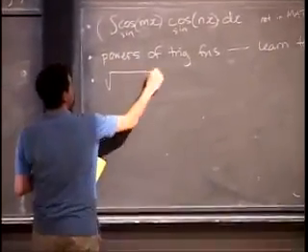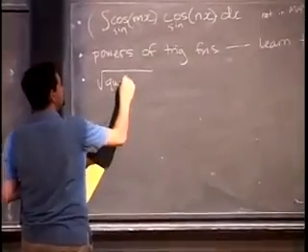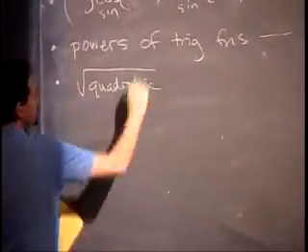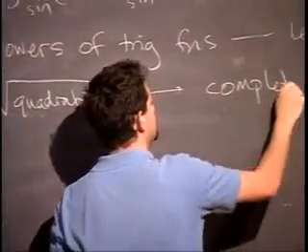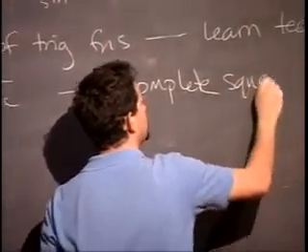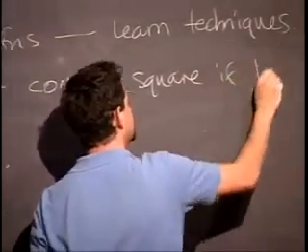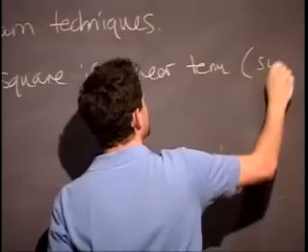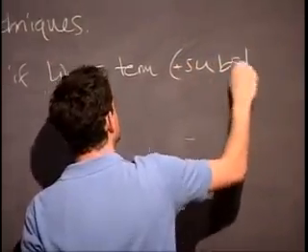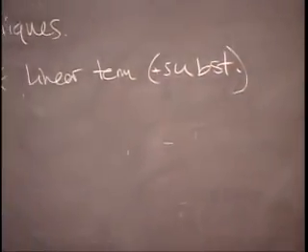If you have a square root of a quadratic, maybe complete the square. If there's a linear term, then substitute, just as we did a few minutes ago.